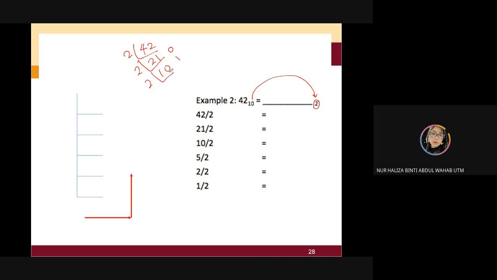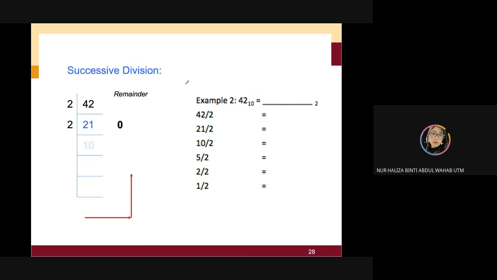You can divide again, so you will get 5 and a remainder of 0. Then you divide 5, and you will get 2 with a remainder of 1.